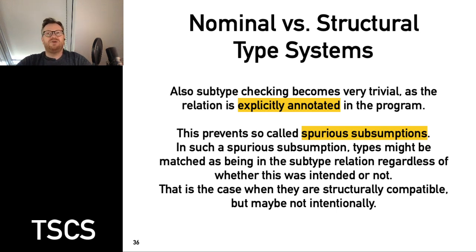And you might have unintended subtyping relationships that you never anticipated. In a nominal type system, you cannot have that because you explicitly annotate that relationship, and what you did not annotate does not exist. So whenever things are structurally compatible in the lambda calculus, it works, but that may not be intentional.